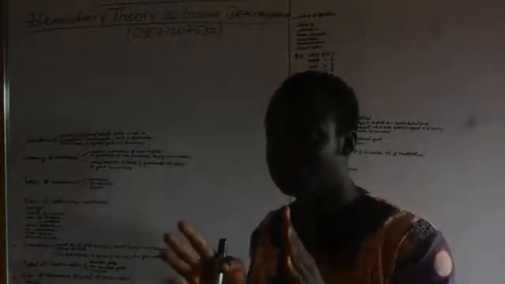Now, from what I just said, we can see investment from two major perspectives. First, the amount of money that is spent in the production of real capital, that entails the machinery, buildings, factories, and all of that.